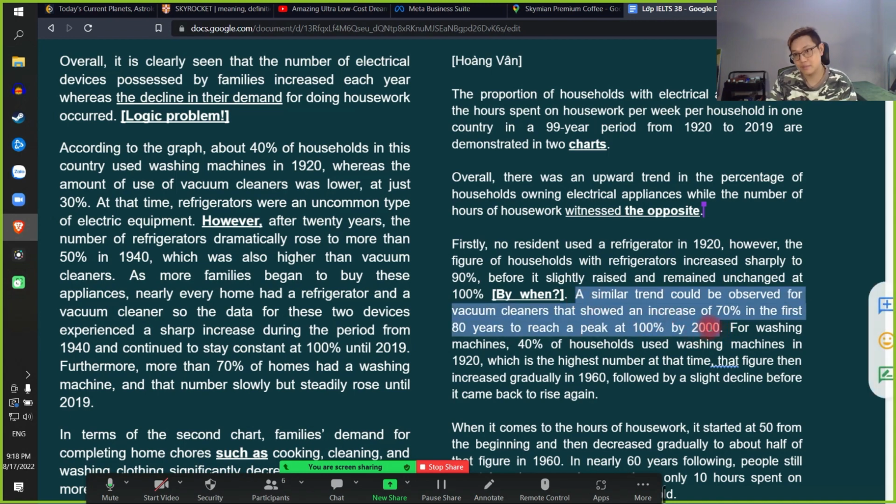This sentence is actually quite good because you mentioned the time and the number, everything looks clear and understandable. For washing machines, 40% of households at that time.